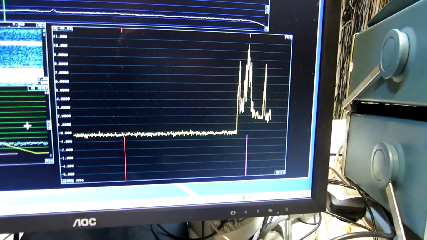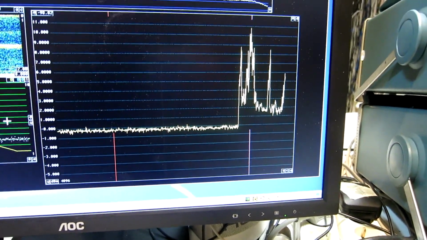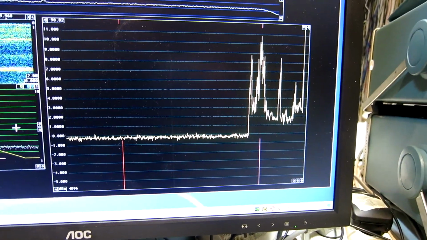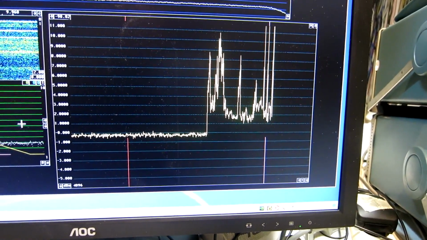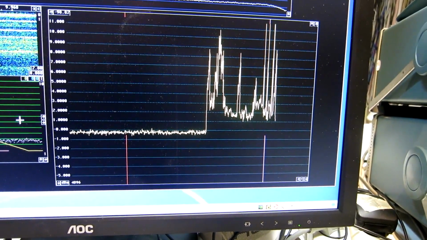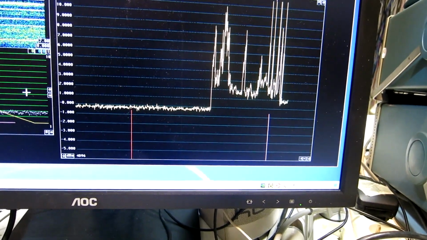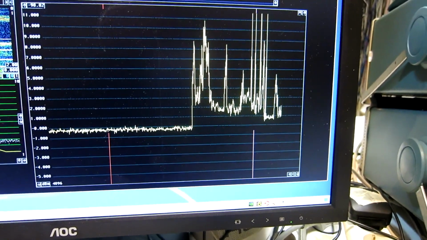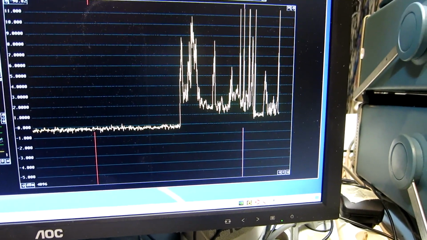And clearly there is some noise produced in this capacitor. I have to reduce the signal level a little bit. Well, here it is nearly stable, 1 dB more.